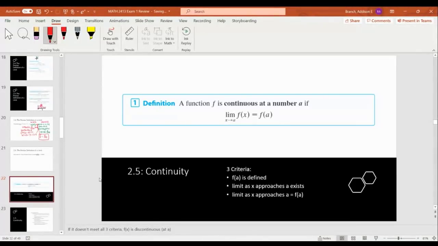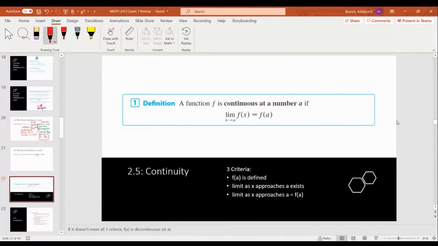All right, so section 2.5 is going to be continuity. The definition they gave us is that a function is continuous at point a as long as that point exists, or as long as the limit at that point is the same as where that point is.